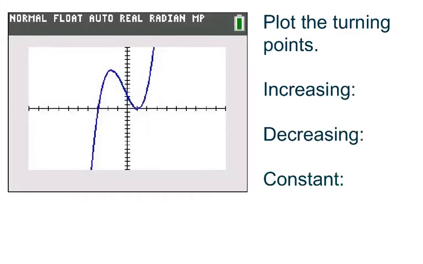Okay, so here's a graph. The first thing we're going to do is plot the turning points. So turning points are anywhere it starts to change. So if I was a little car and I'm driving along, I'm going uphill, and then right here, I start to turn. I start to go in a different direction. And then I go downhill, and right here, I would start going uphill. So I'm turning direction.